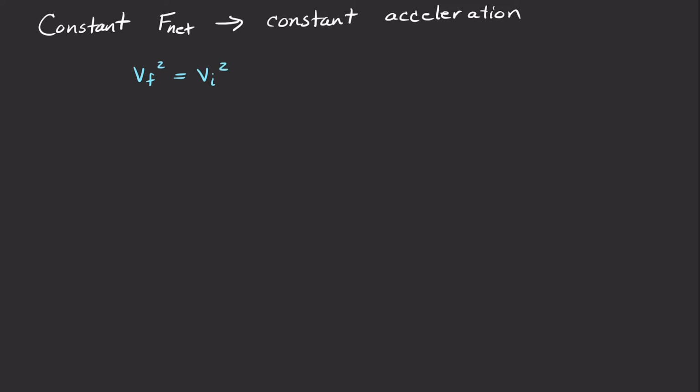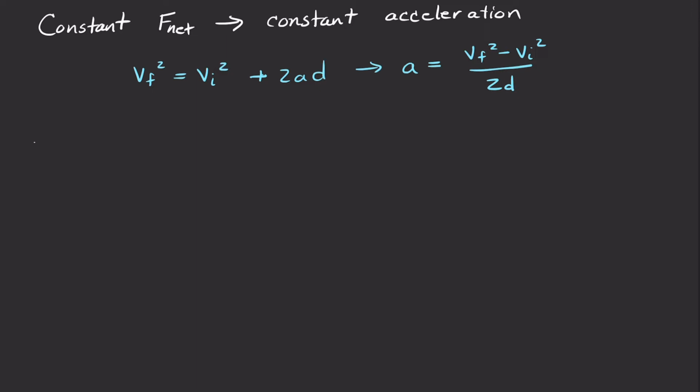So we can look at this one: the final velocity squared is equal to the initial velocity squared plus twice the acceleration times the displacement. Okay, so this would normally be delta x or delta y. And so if we solve for the acceleration, we get the final velocity squared minus the initial velocity squared, all divided by 2 times the displacement.